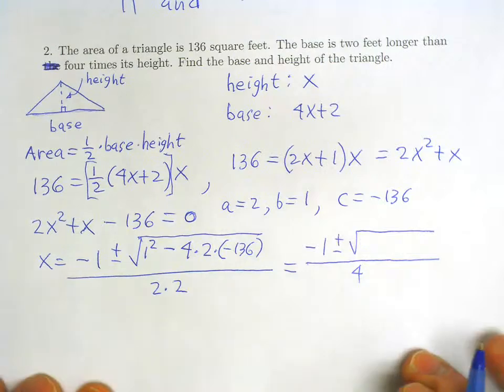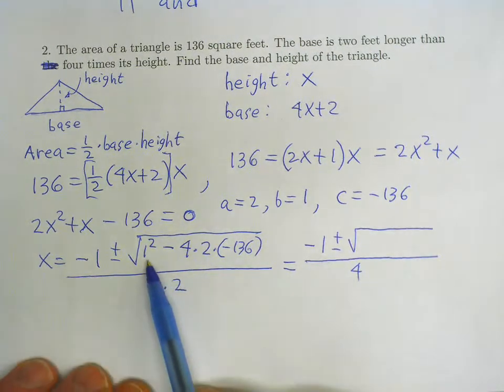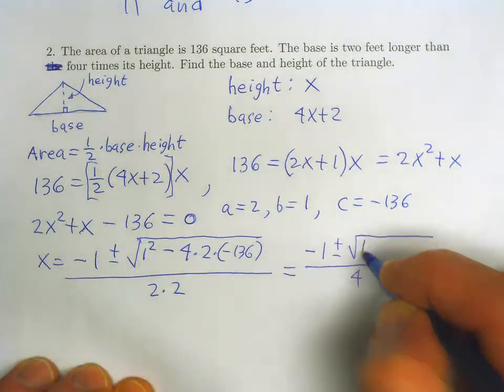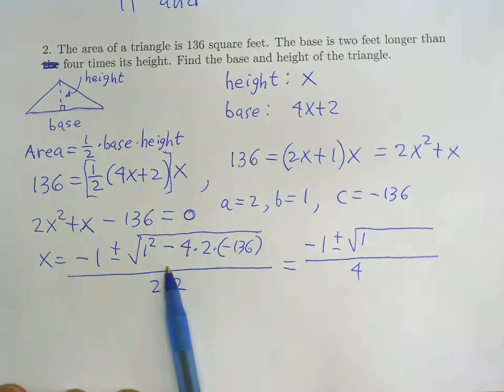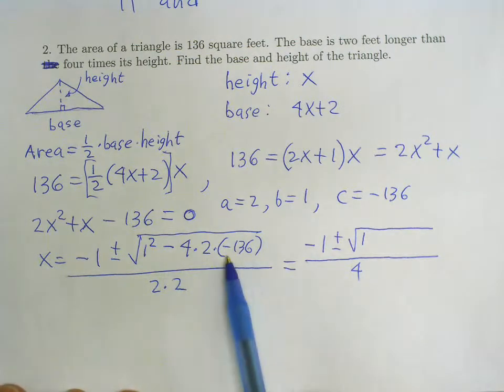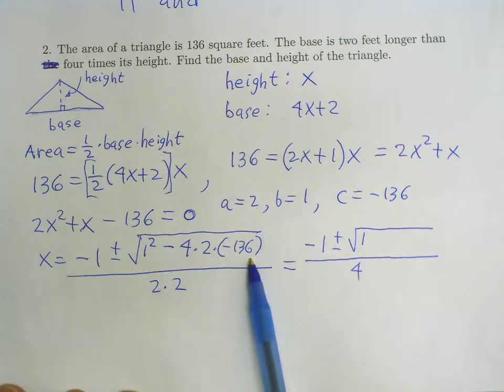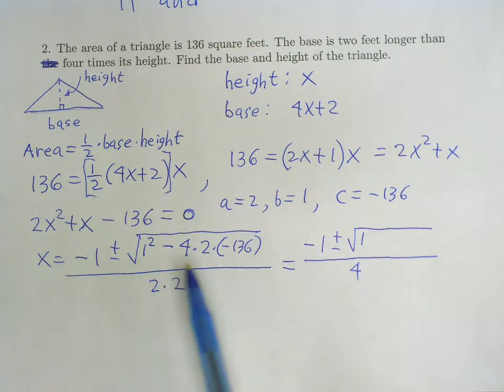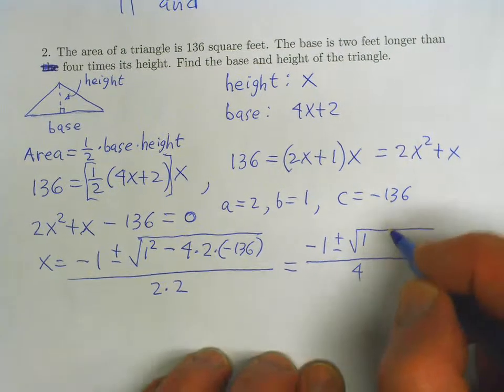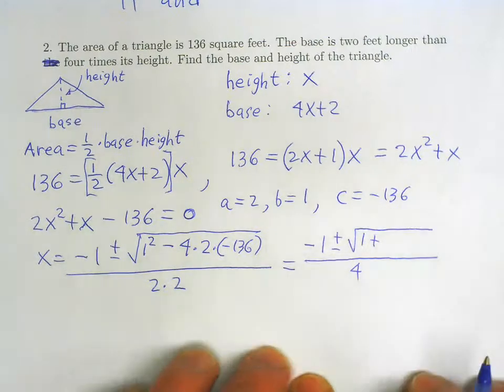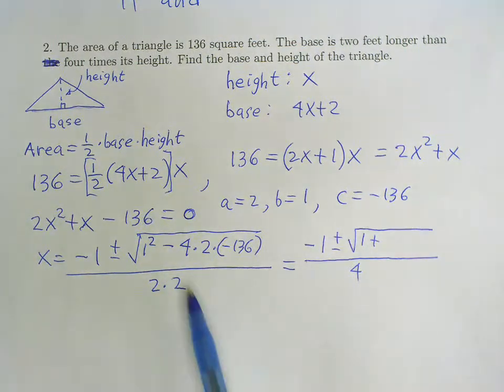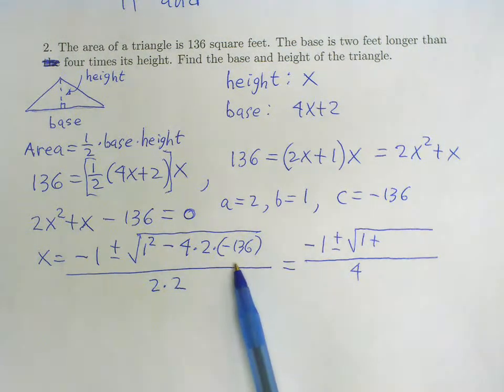So inside the square root, 1 squared is 1, and we're subtracting 4 times 2 times negative 136. If we subtract a negative number, that's equivalent to adding a positive number. So I'm just going to write 1 plus 4 times 2 times 136.